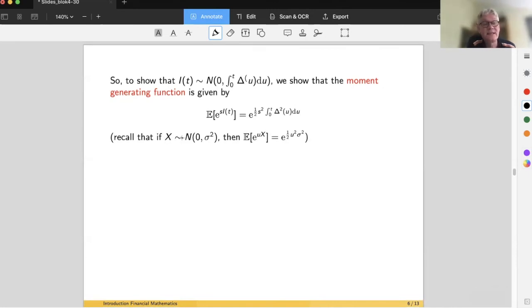If X is normally distributed with mean 0 and variance sigma squared, then the moment generating function is defined as the expected value of e to the power uX, which is equal to e to the power 1/2 u squared sigma squared. So that is a known fact. When X is normally distributed, then the moment generating function is given by this expression, when this is the mean and this is the variance.